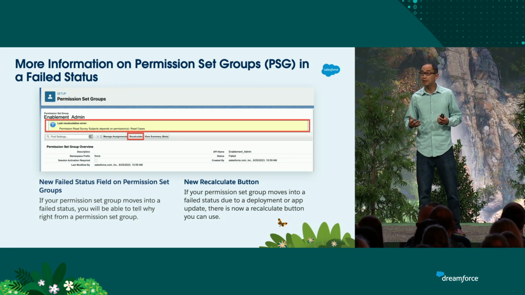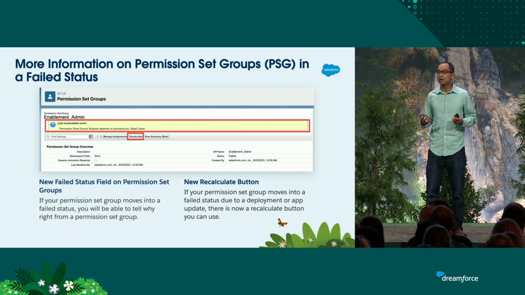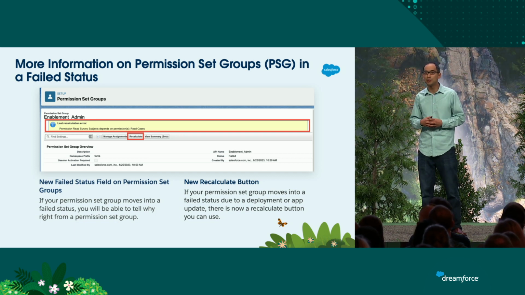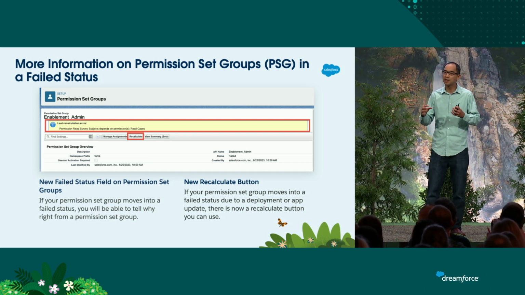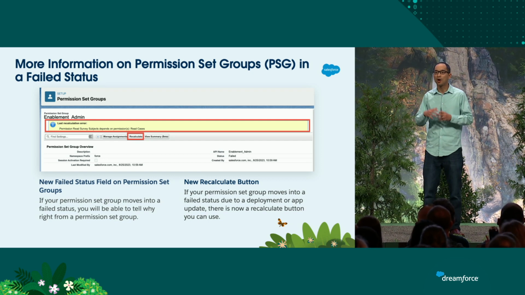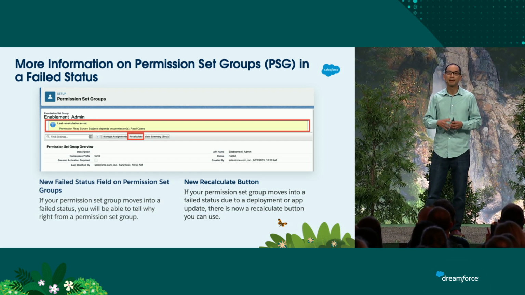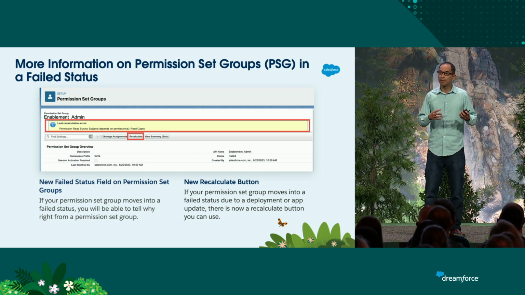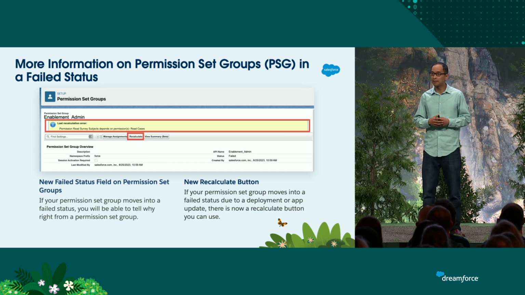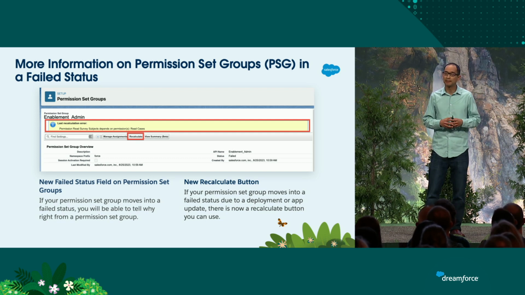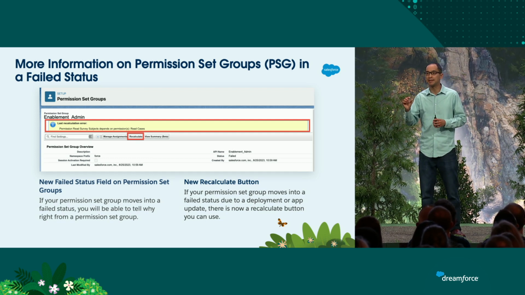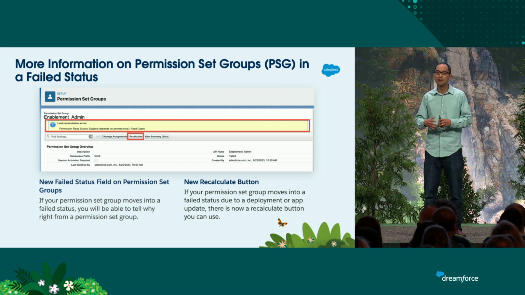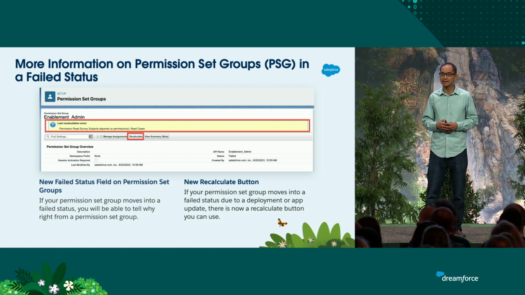The other 30% were due to configurations that we don't want your org to get into, and now we've provided clear instructions on what to do on the permission set group. And then sometimes it's due to either an app install or update, or perhaps a deployment. What we have added is a button on the permission set group so that you can recalculate the access.